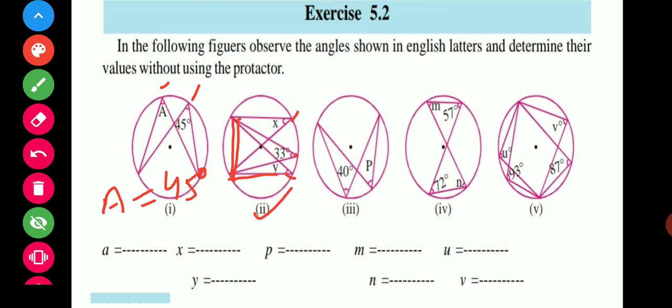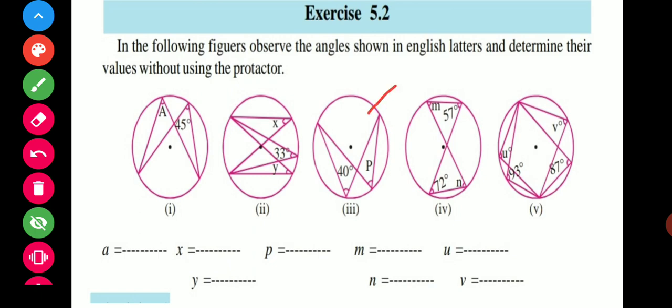So value of x, that is 33, and y is also 33. So this angle 33 degree. Now come to the this third part.